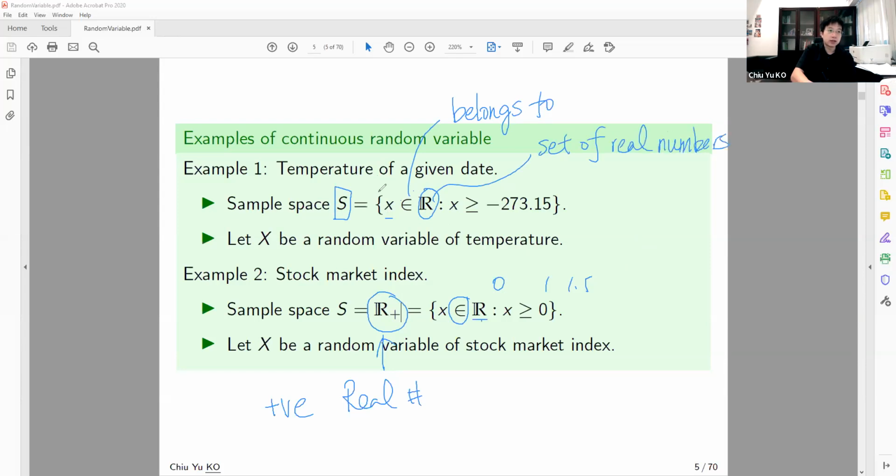So what is sample space S? S is all possible numbers, that is also the real number. And we are saying that this real number must satisfy the condition where X is bigger than absolute 0. I guess that's what they asked. So this is a set notation that means belongs to. Because this is a big set, a collection of numbers, the sample space S is the positive numbers, and here X belongs to the set of real numbers such that X is bigger than 0.